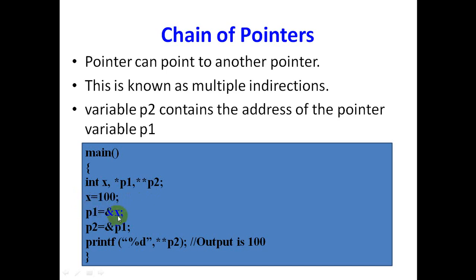In the next line, P2 is equal to &P1, so the address of pointer P1 is stored in pointer variable P2. At the last, printf is displaying the value, and the output is 100. This is also known as multiple indirection, where a pointer can point to another pointer.